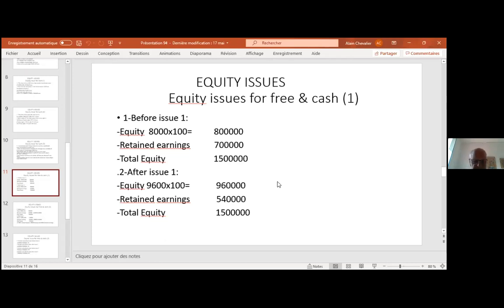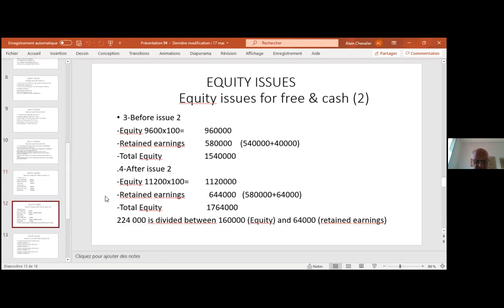Now, let's move to the following situation, which is before issue 2. It's line number 12. And we have a situation which is a bit different here in accounting terms.